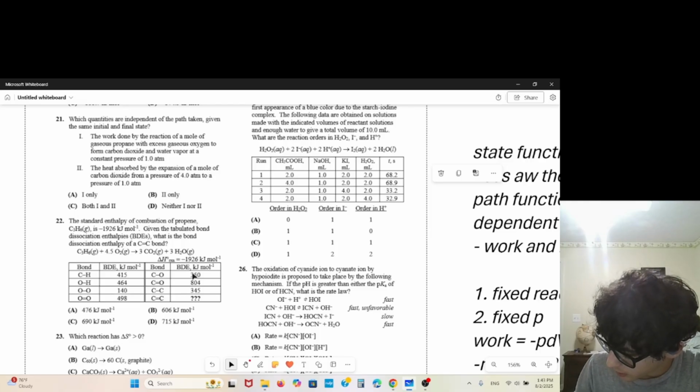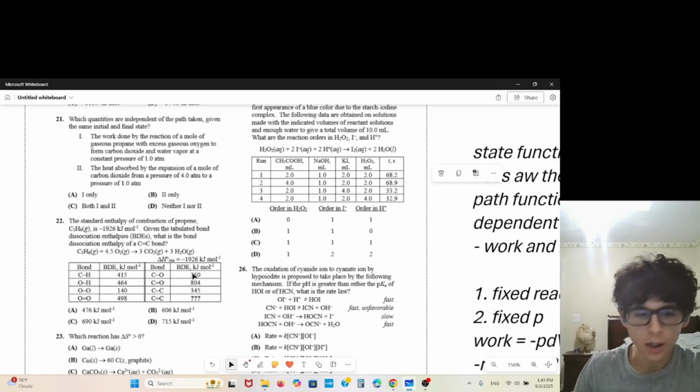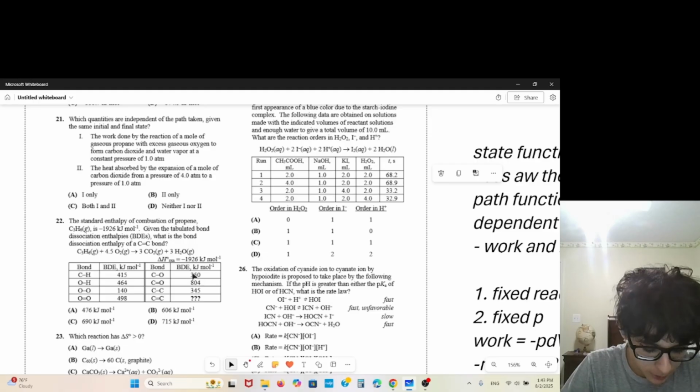So basically, okay, you're going to have one double bond. Okay. 345 plus X plus 6 times 415 plus 4.5 times, be careful, 2, no, it's just 1.